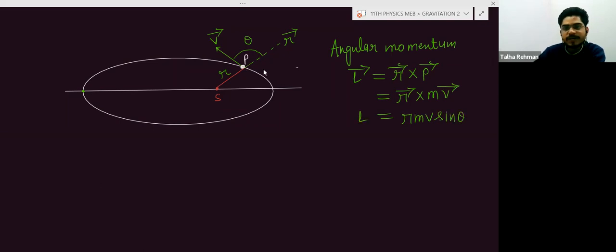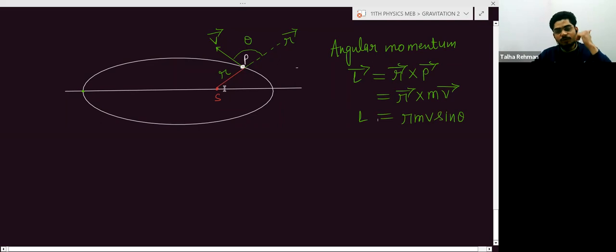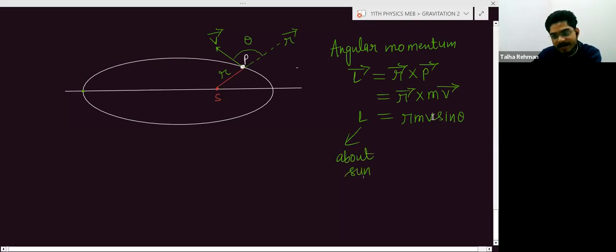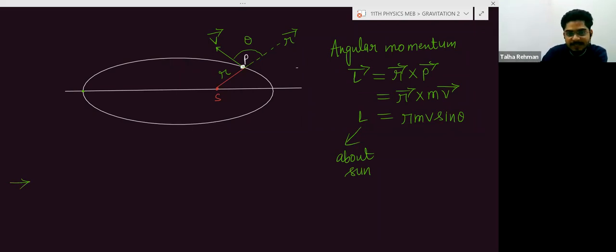The angular momentum of the planet about the sun is given by r m v sine theta, and this is constant. Angular momentum is constant. And why is the angular momentum constant? This planet at this time is here, and at this time is here.